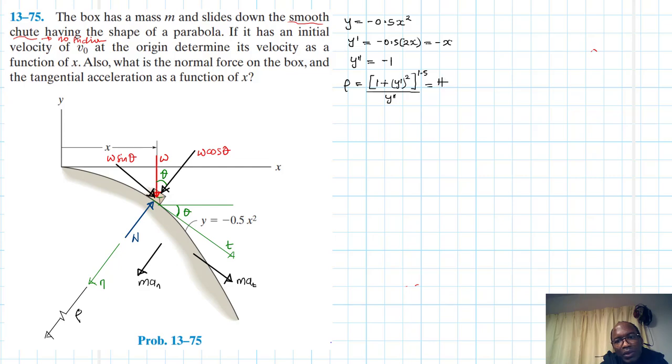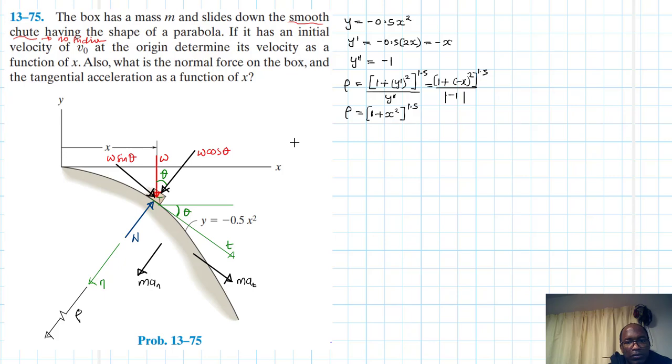This becomes 1 plus minus x squared, all raised to the power 1.5, divided by the absolute value of minus 1. So rho itself is just going to be equal to 1 plus x squared to the power 1.5 divided by 1.